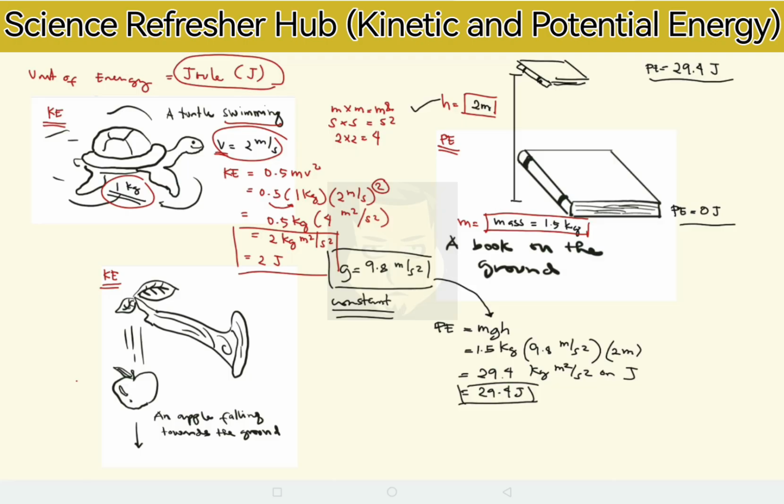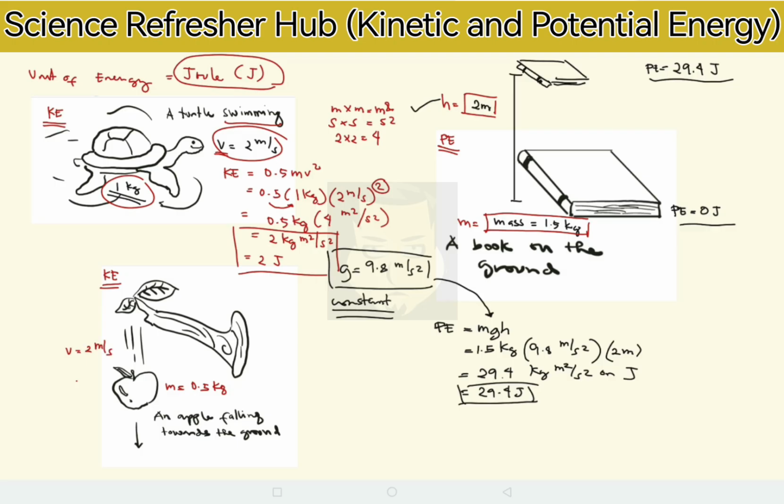Okay. Now, we need to find the kinetic energy of the apple falling towards the ground. Let's say the mass of the apple is 0.5 kilogram. It's just a hypothetical mass, one apple is 0.5 kilograms. And then we have the velocity as it moves down due to gravity. Let's say 2 meter per second.